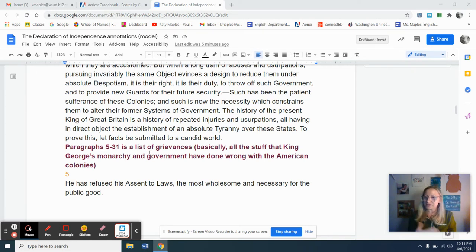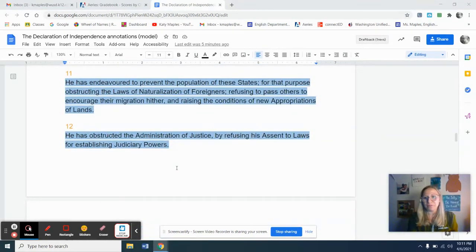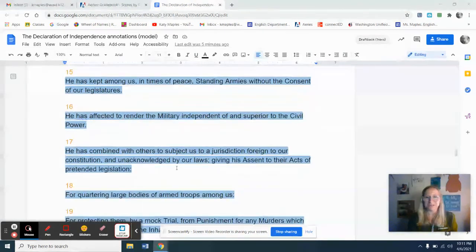It's a long list of all the stuff that King George has done wrong that has led to this breakup. So it's like if you were breaking up with your significant other at Starbucks and you whipped out your phone where you had a list of notes of like, you want to know why? Here's why. That's basically what this list is. Only a lot more serious stuff, I hope, than a relationship breakup.